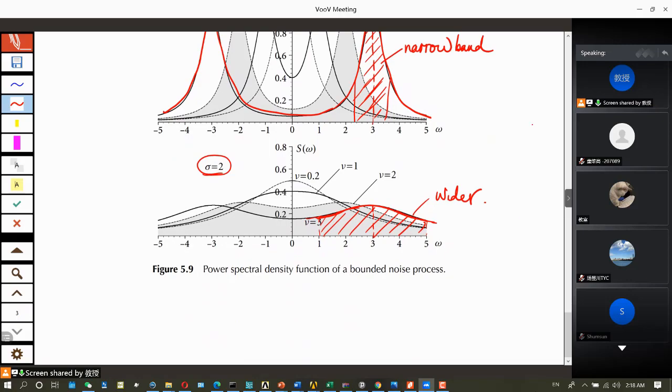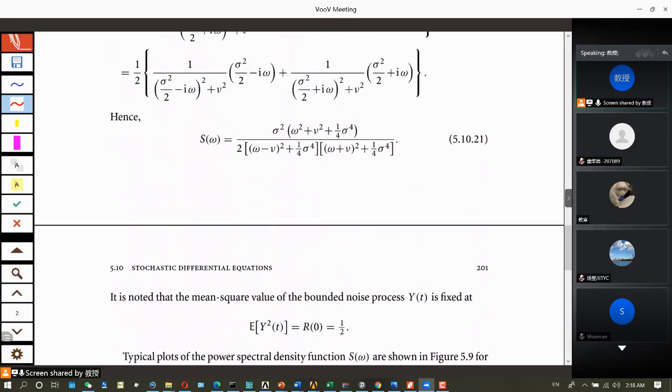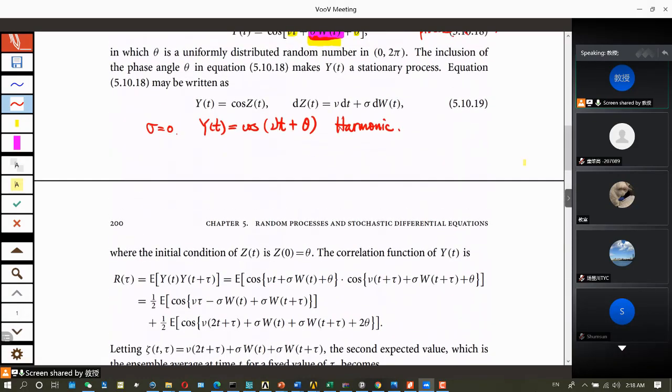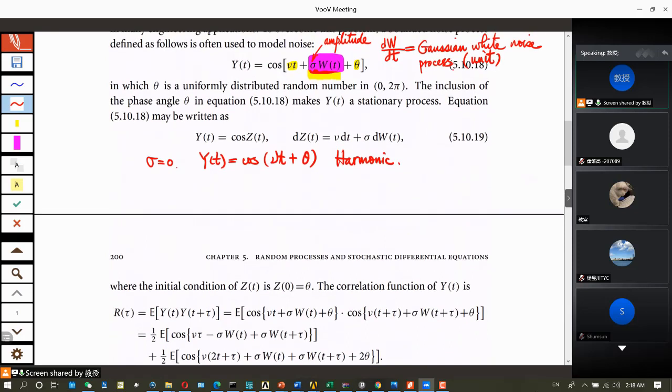You can just visualize this. That's a cosine, and when sigma is small, there's no noise. It's a pure cosine function. When we add noise, you would have other frequency components coming in.